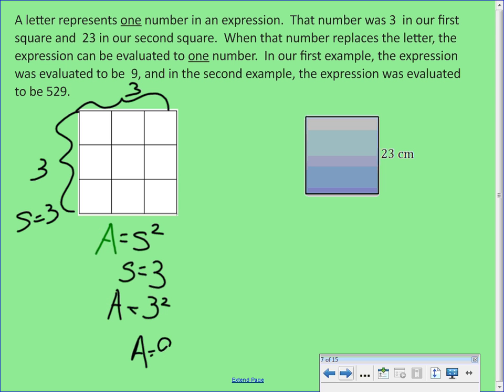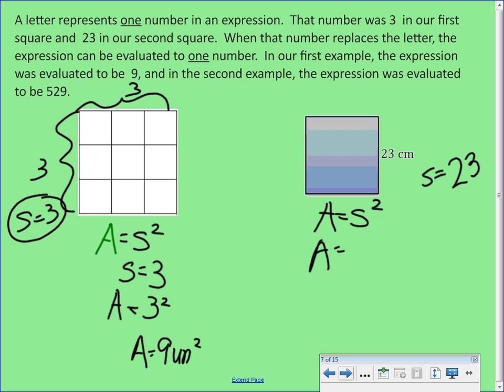So area equals 9 units squared. But now here, it's the same formula. It's still area equals side squared. But over here, S was 3. What's S now? Now what does S equal? Now S is 23. So the area is 23 squared.